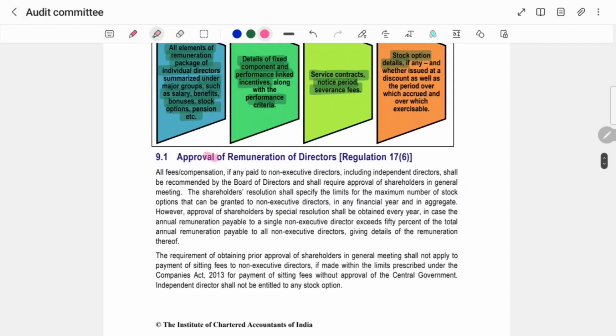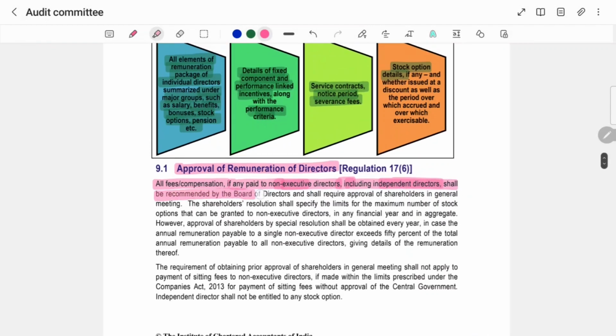Then there is approval of remuneration of directors. All fees or compensation, if any, paid to NED, including independent director, shall be recommended by whom? Recommended by board of directors. So again this can be a point for MCQ. You have to remember this: all fees and compensation paid to NED or independent director shall be recommended by the board of directors, and shall require approval of what?